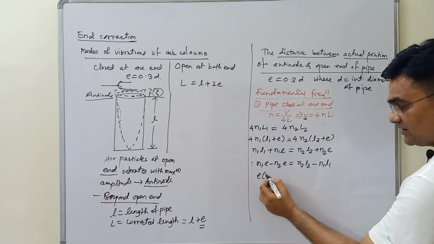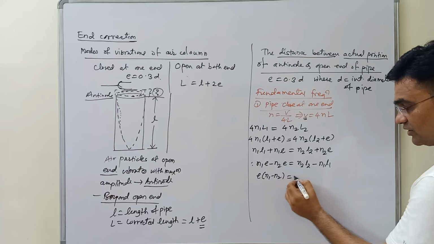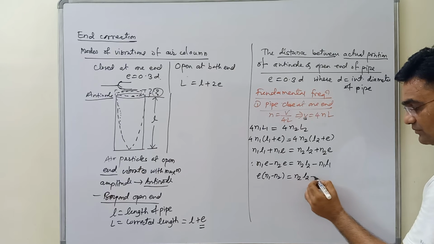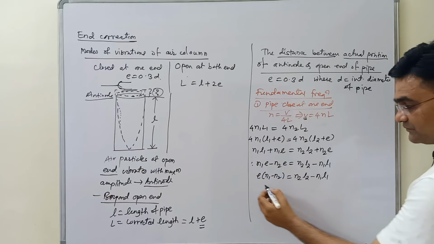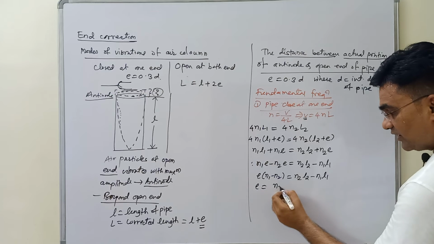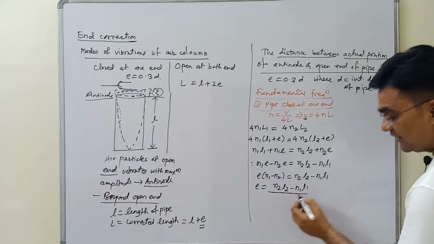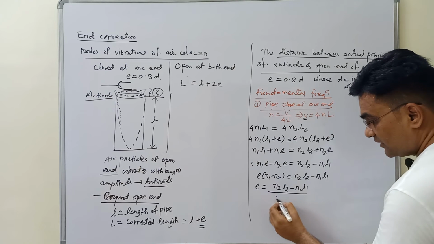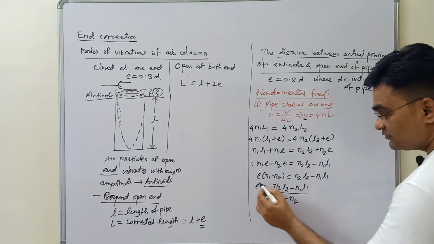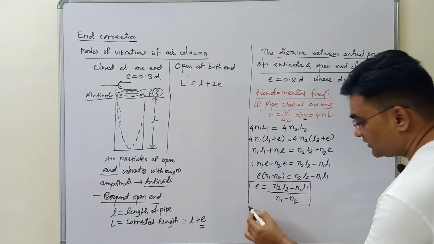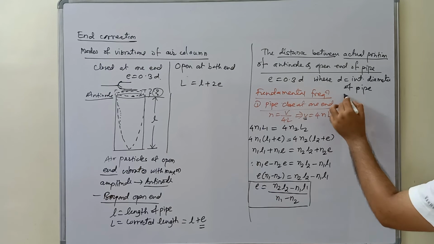E is common, so E equals (N2 L2 minus N1 L1) divided by (N1 minus N2). This is the formula for end correction when the pipe is closed at one end.